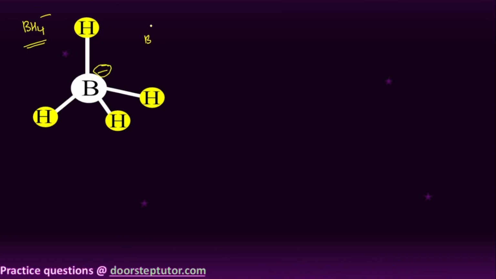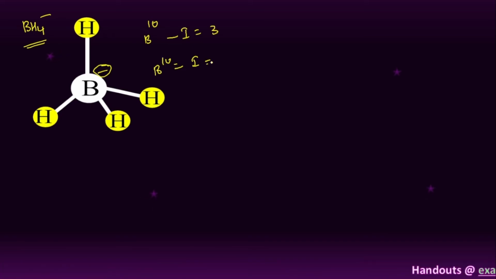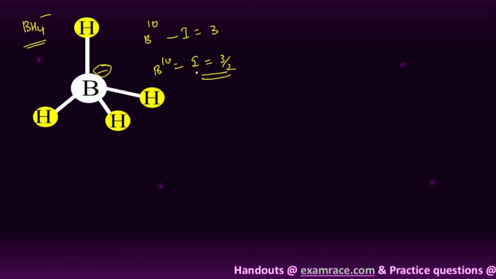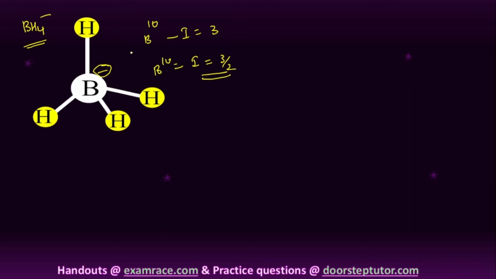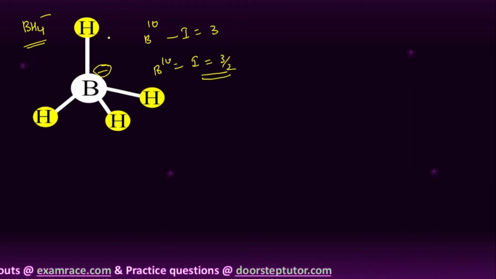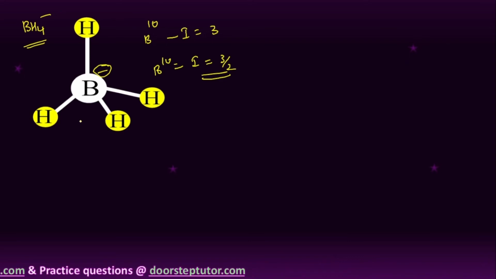B10 isotope has a nuclear spin value of 3, and B11 isotope has a nuclear spin value of 3 by 2. Clear, students? Generally here you can see all four hydrogen atoms are in an equal environment.